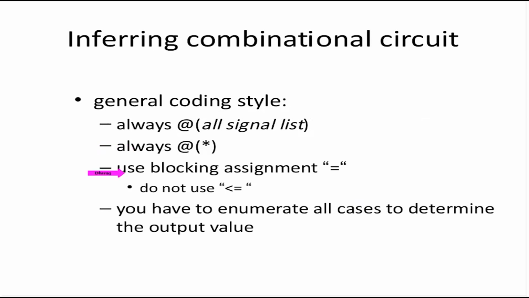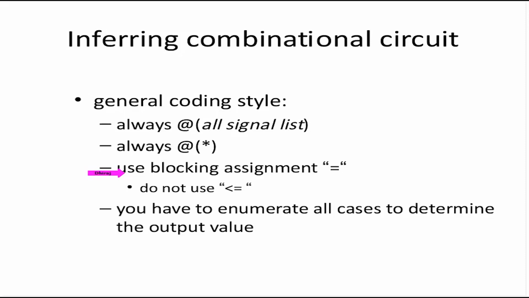I will not go into detail here about the differences between blocking and non-blocking assignment. I would request you to go back to your Verilog handbooks and read about blocking and non-blocking. It is a very unique feature of Verilog, and the usage of it also determines what will be synthesized.